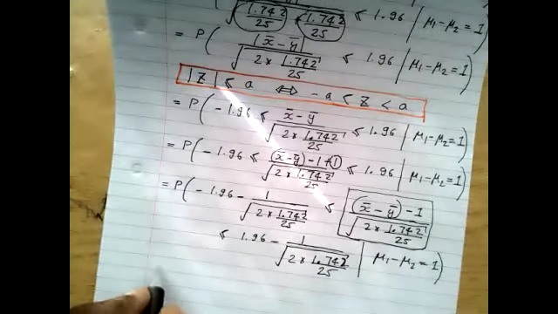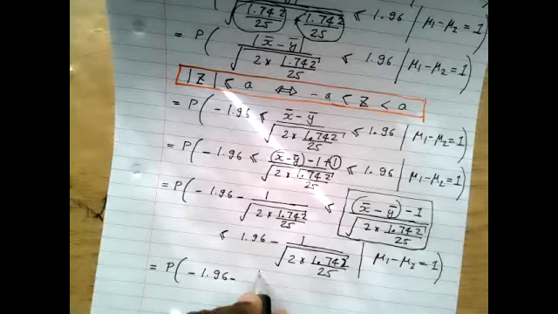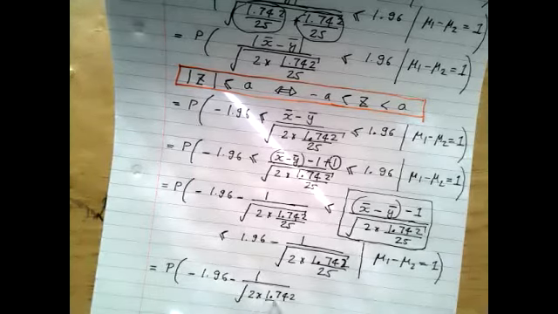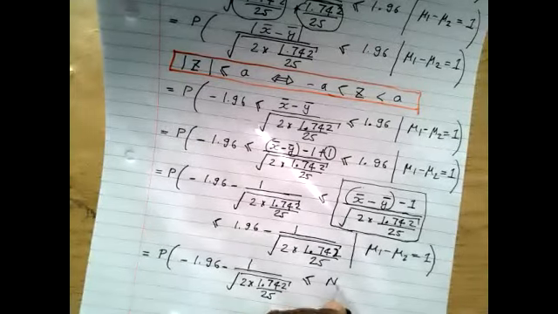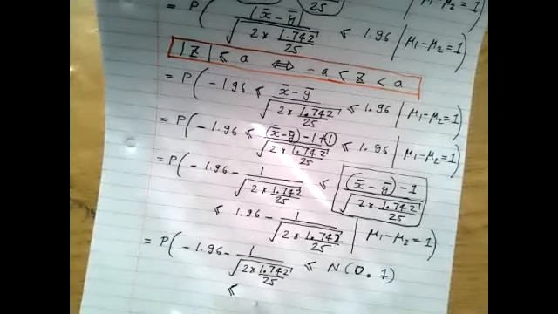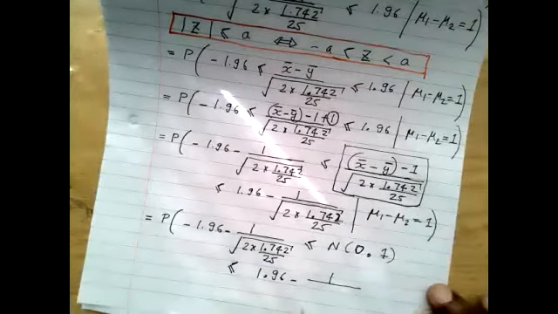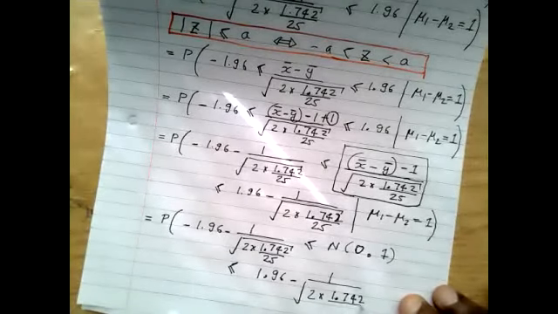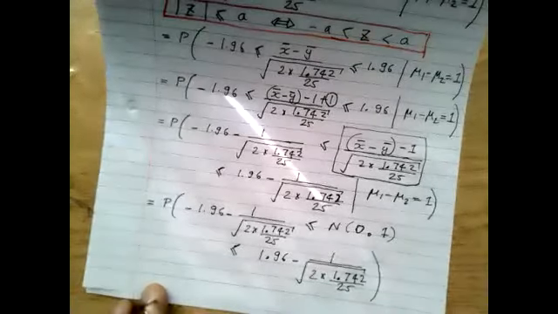So hence, you can write this probability as, you can write it like this, right?